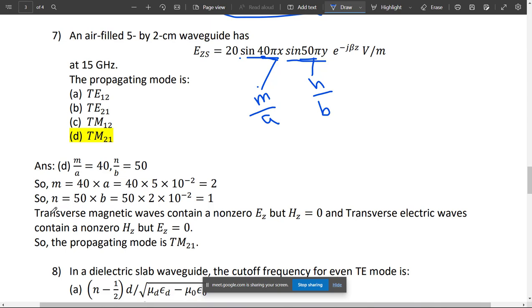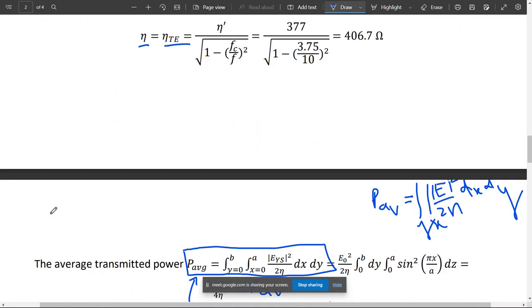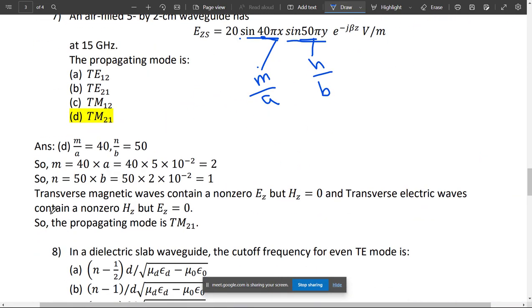Now, another thing: that was the trick. Here we used a trick, but if something is explicitly given to you, then you have to go for that rather than the tricks. A transverse magnetic wave contains a non-zero Ez, but Hz is equal to 0. For TM waves non-zero Ez is there, and here Ez is given, which is non-zero.